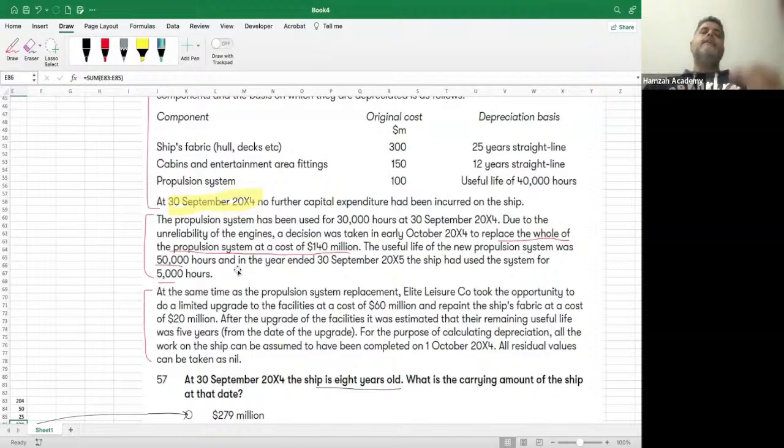So automatically, from a subsequent expenditure point of view, if you are incurring an expense on the non-current asset in such a way that its useful life increases or its performance is enhanced, that expense is capitalized, right?